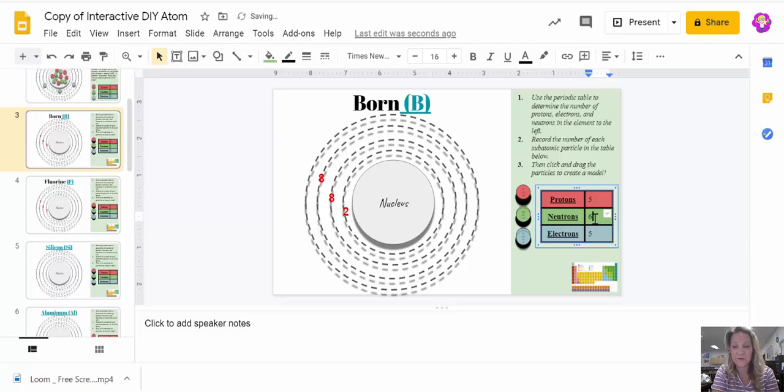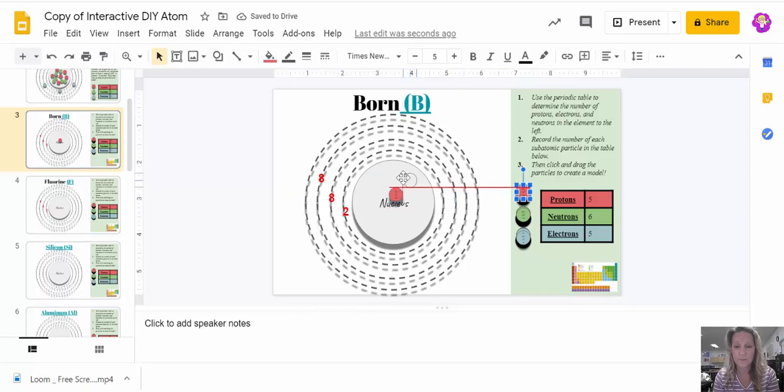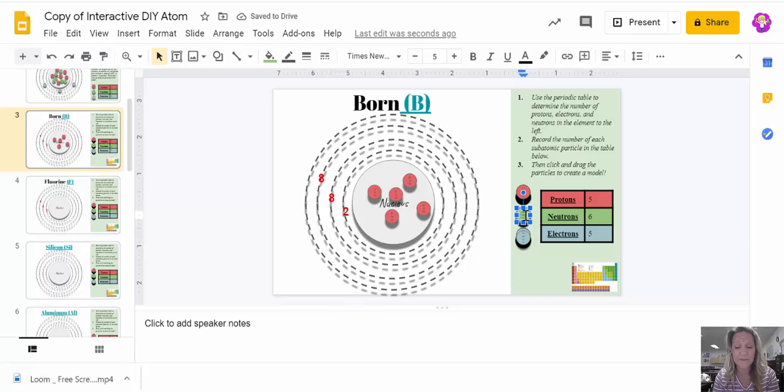And then the next thing we're going to do is drag those particles and create a model. So let's start with our 5 protons. Just click and drag. 1, 2, 3, 4, and 5. And I spaced them out just a little bit because they're positive, and opposites attract and like charges repel.